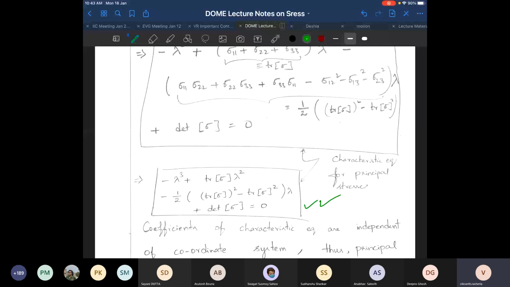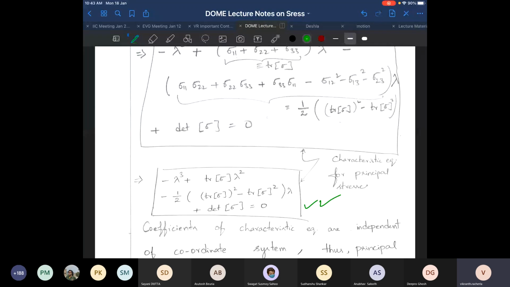Now what can you say about the coefficients of the characteristic equation? What is special about them? Invariants. So the coefficients of the characteristic equation are invariants, which means you can determine this characteristic equation in any coordinate system and it will all be the same.